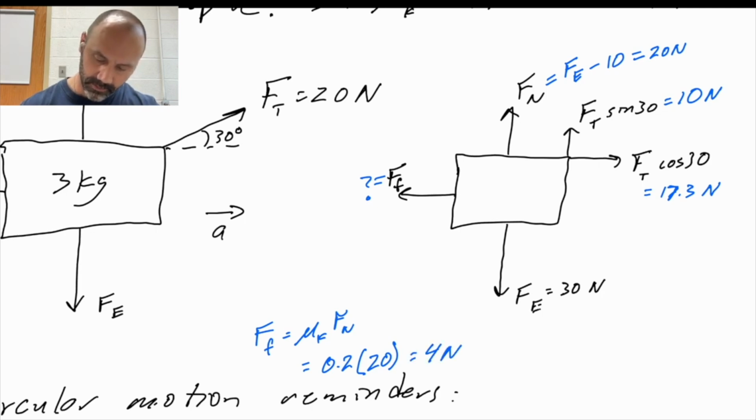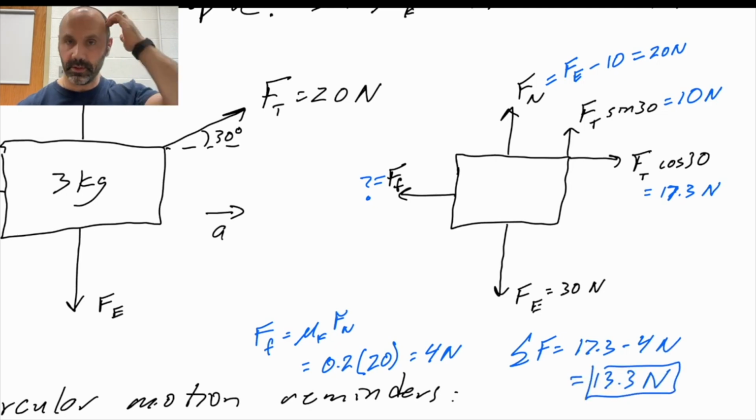Okay, the net force then, it's supposed to be a sigma. So sigma F equals 17.3, right? That's this, minus 4 newtons. So it's 13.3 newtons horizontally. There's no vertical net force. It's in equilibrium that way.